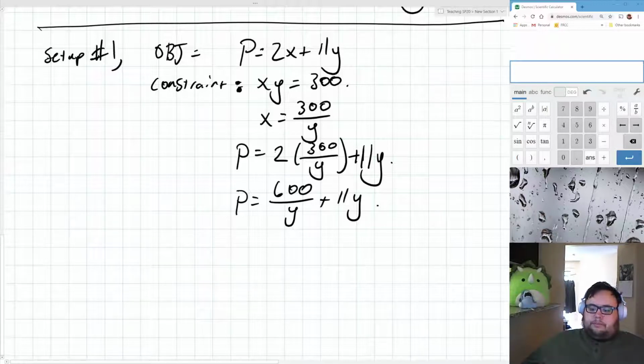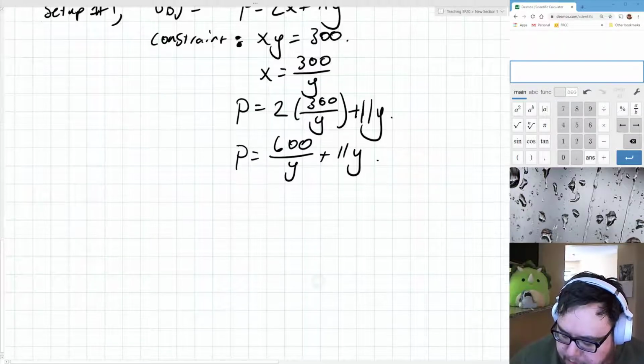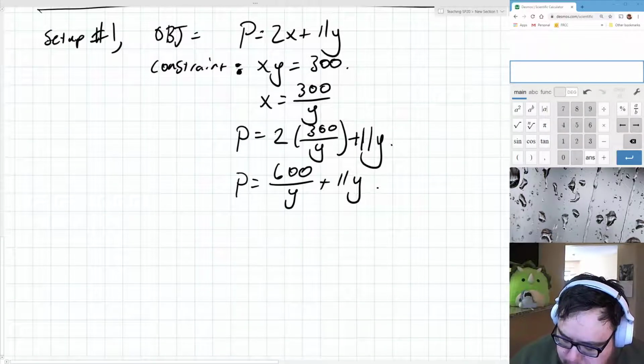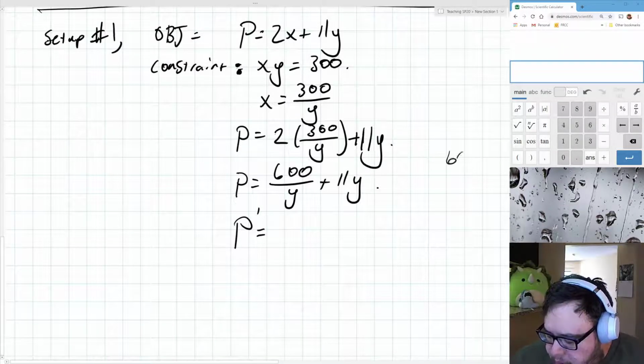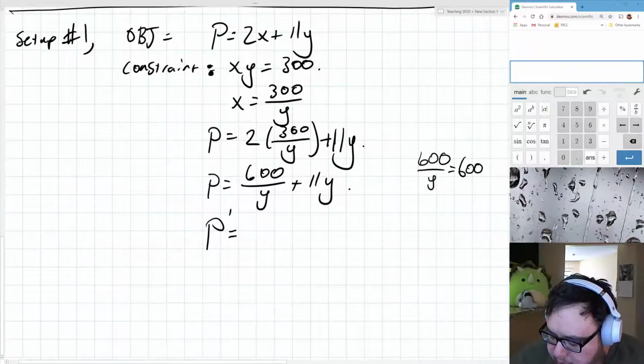Take the derivative, all right? So let's go ahead and take the derivative of our perimeter equation. So P prime will be, again, as usual, 600 over y is equal to 600 y to the negative 1.